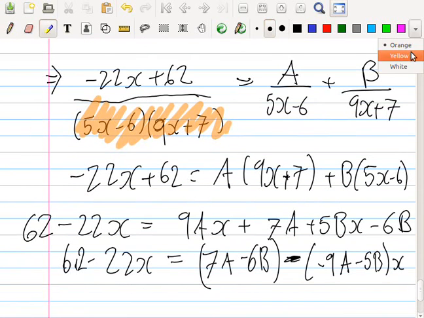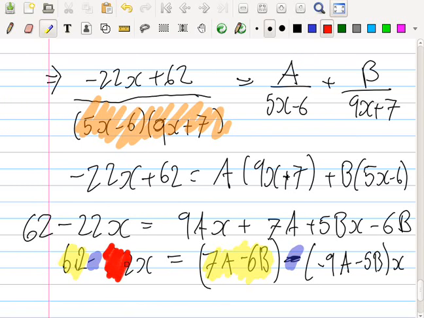On the left, you have a 62, and on the right, you have a 7a minus 6b. And then on the left, you have a minus sign, and on the right, you have a minus sign. And then on the left, you've got a 22, and on the right, you've got this.